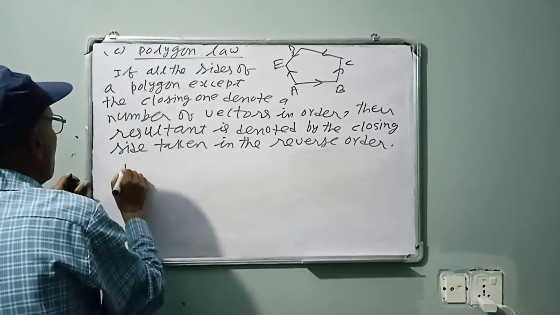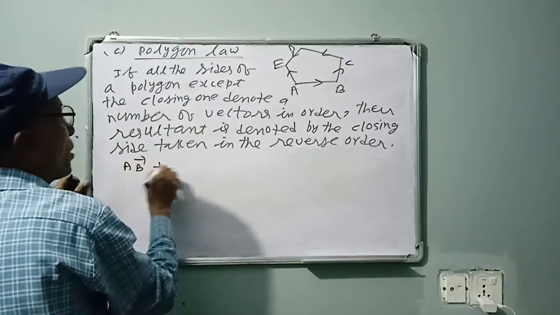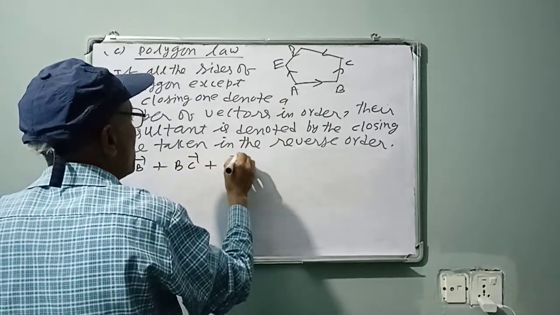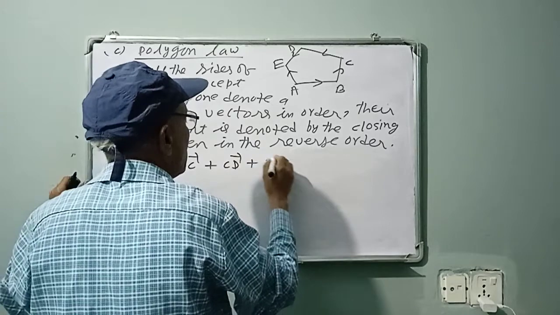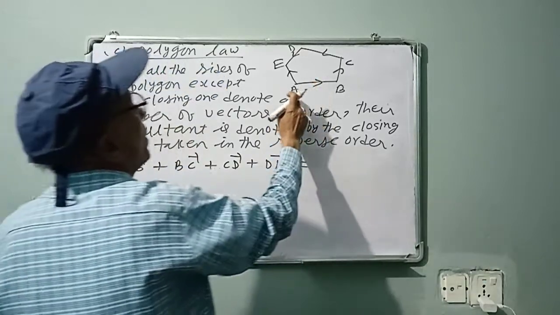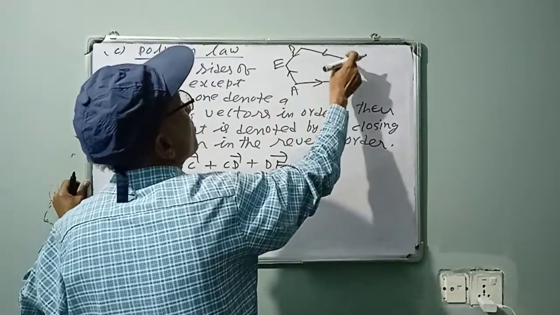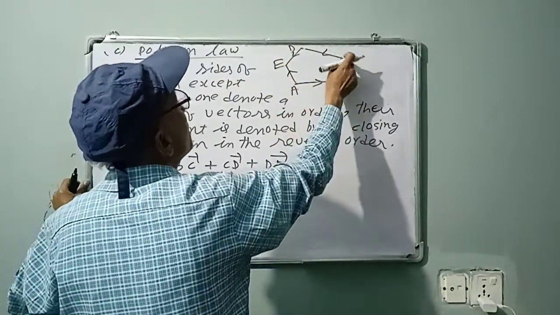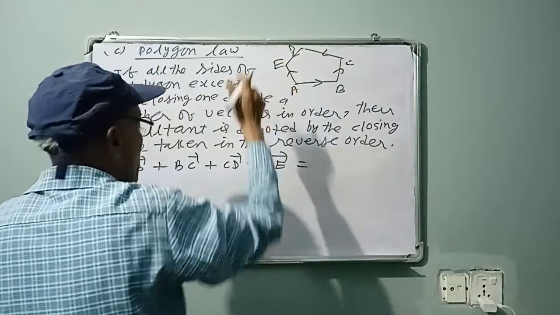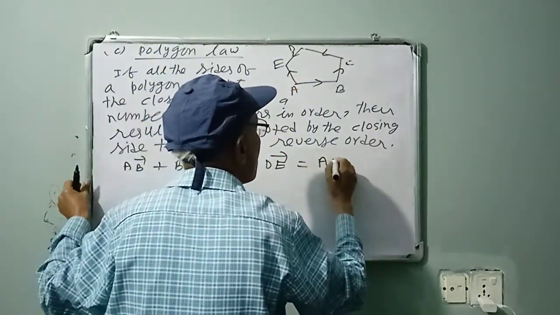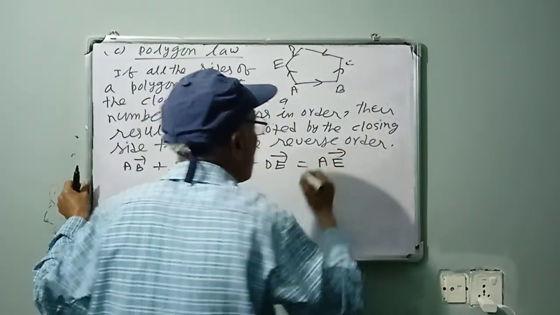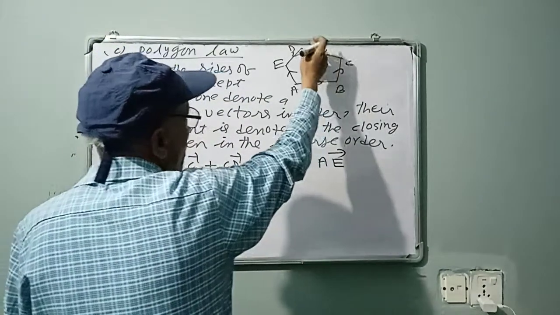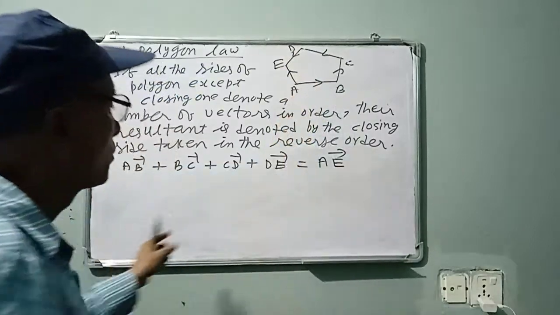For example, AB plus BC plus CD plus DE equal, see, AB plus BC plus CD plus DE. A to B, B to C, C to D, D to E. Last side, closing side in the reverse order is AE. AB plus BC plus CD plus DE equal AE.